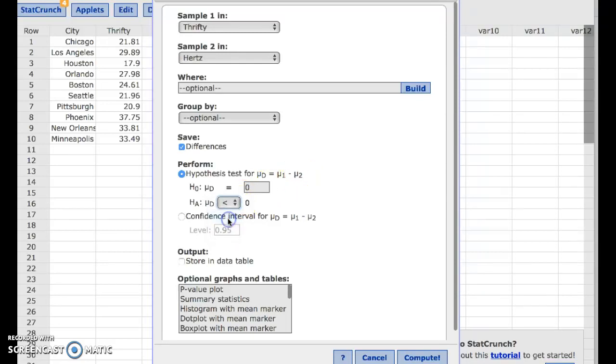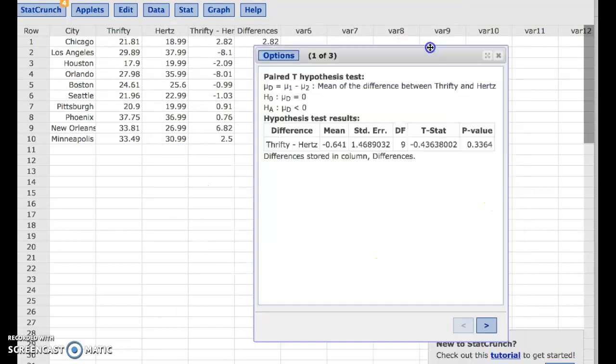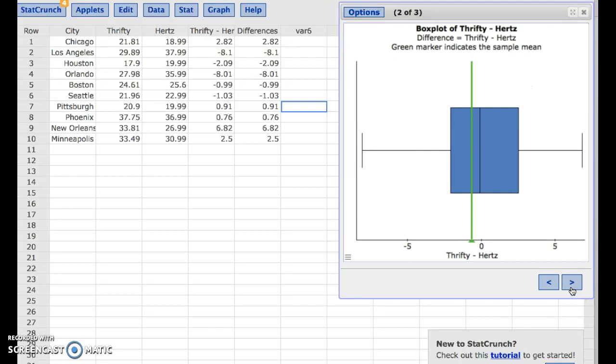Then we have the less than, and you can ask StatCrunch to do your box plot and QQ plot as part of your work. So if you hit compute, notice I'm getting the exact same p-value. Notice over here it put my differences, so it sort of does it all in one step. And then you have your box plot, your QQ plot. All I did here was mark the mean, which is, notice, different than our median in this case.